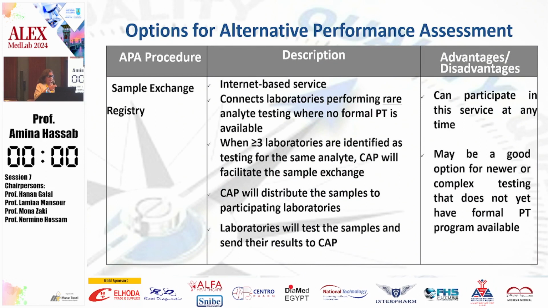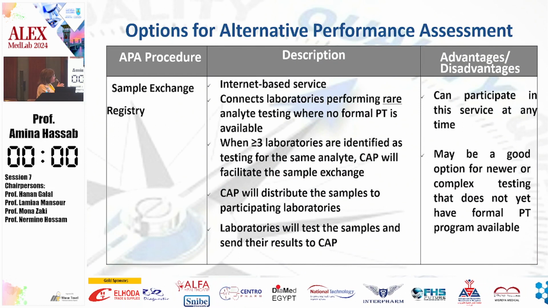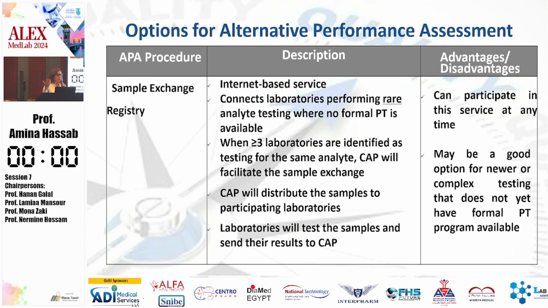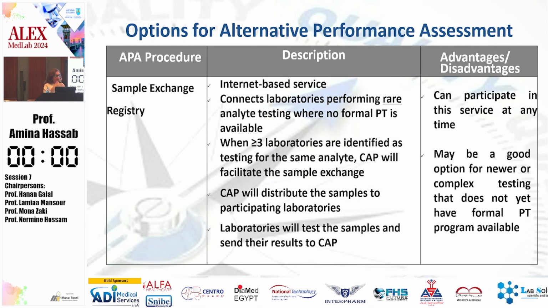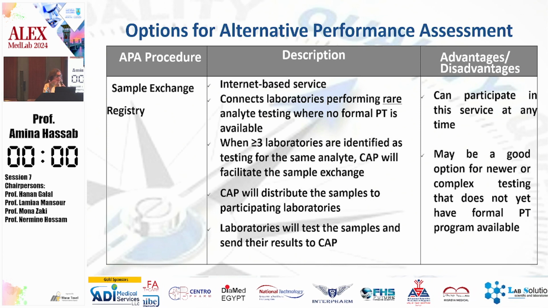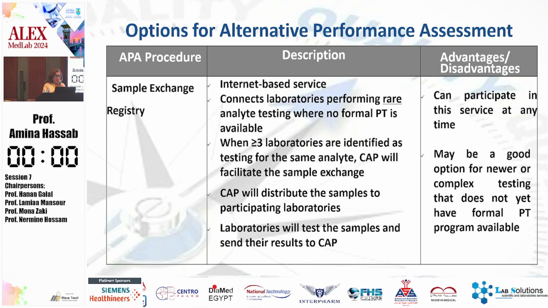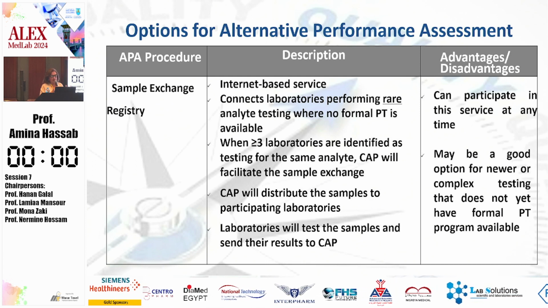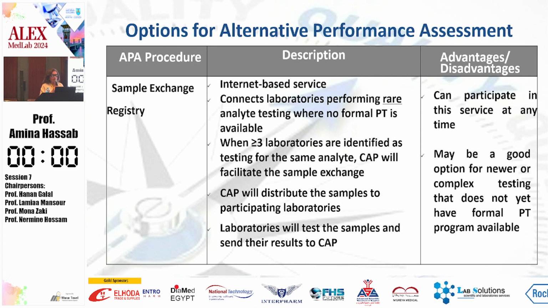Of course, there is more than one way to interchange samples, as we all know, like with a group of labs, where we look at our internal QC like the Unity and so on. There is another way when there is a test that does not have proficiency testing, like a lot of the new complex testing.